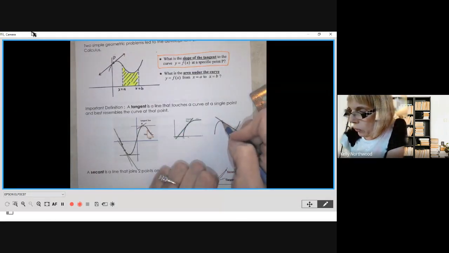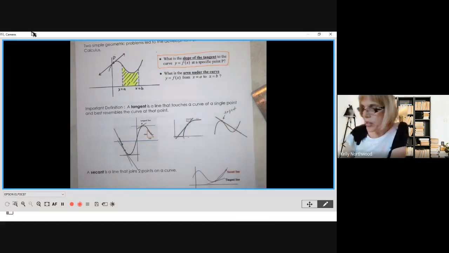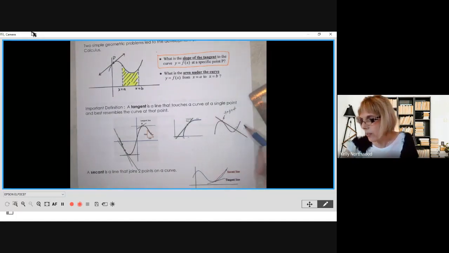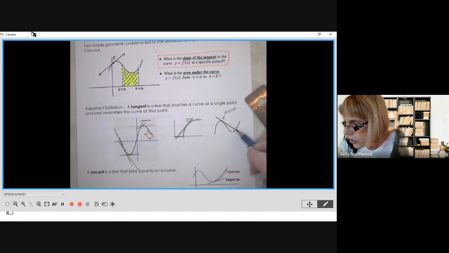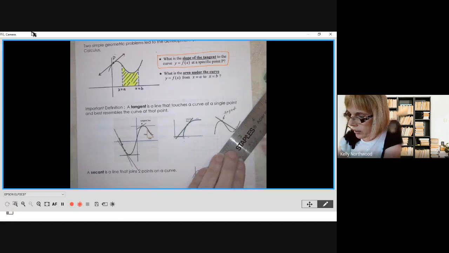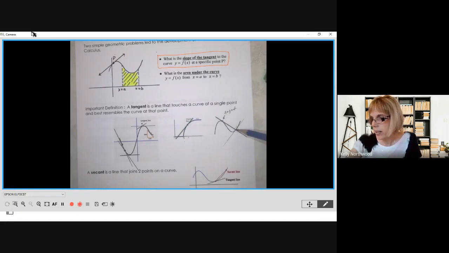So right here, we're tangent to the curve at that spot. But over here where it crosses through, that's just an extension of the tangent line. It's not tangent to the curve at this point. Obviously, if we were going to draw a tangent here, it would have a positive slope and look something like this. Okay? So it's tangent here. It's just an extension of the tangent line when it crosses the curve later on there.